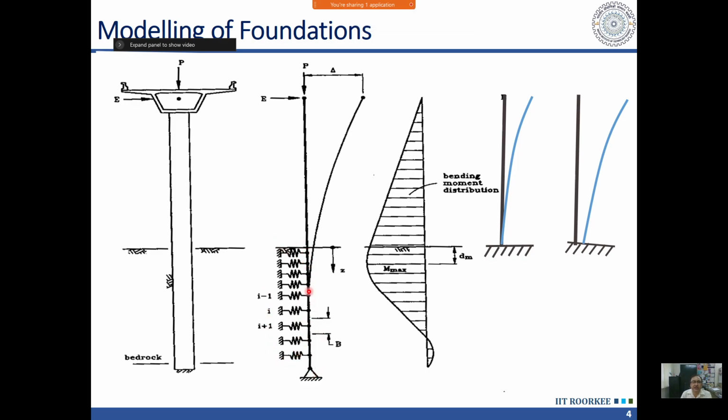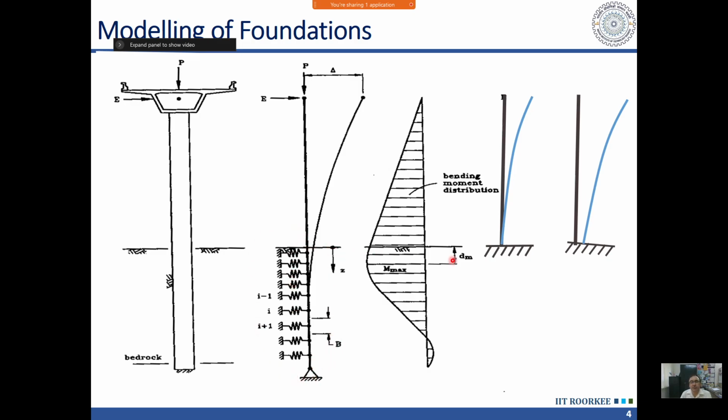We divide the pile length into a sufficient number of elements at different nodes and assign the springs, which represent the stiffness of the soil. We can get the horizontal modulus of subgrade reaction, and we use that modulus of subgrade reaction to define these springs. So that will take the flexibility of the foundation into account.